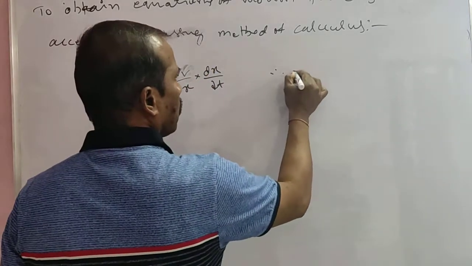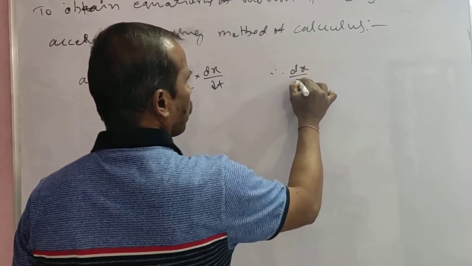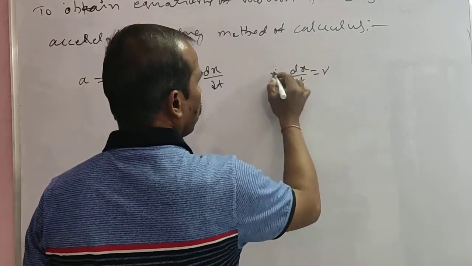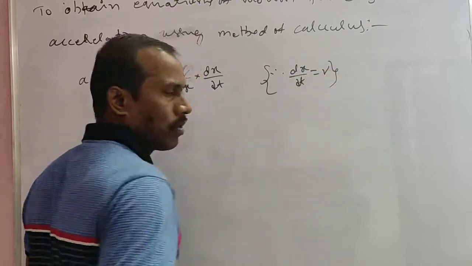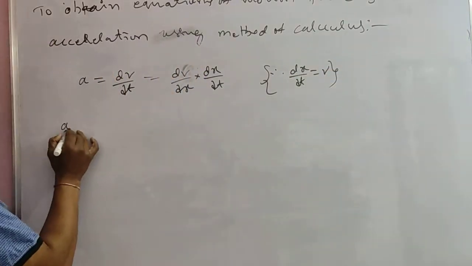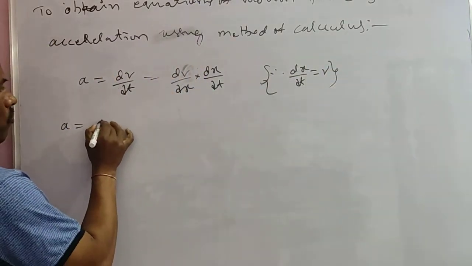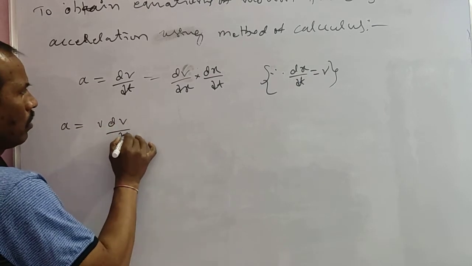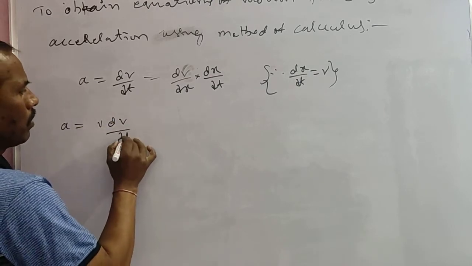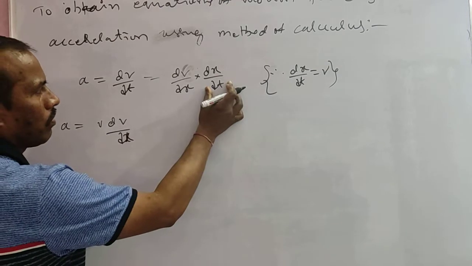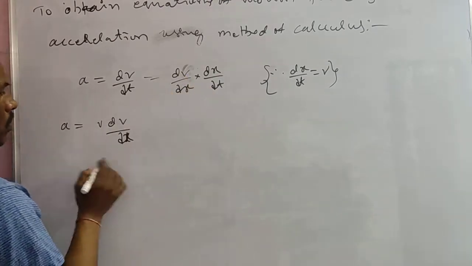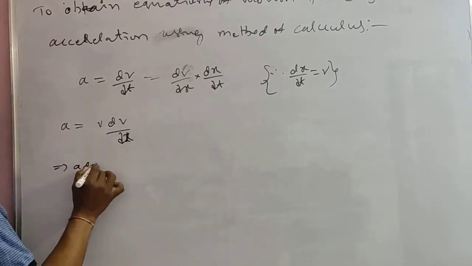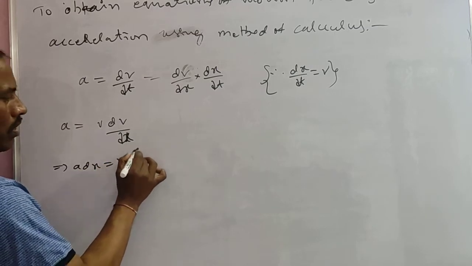Here dx by dt is just v, the velocity of the particle. Now a is equal to v dv by dx. So simplifying, a dx is equal to v dv.